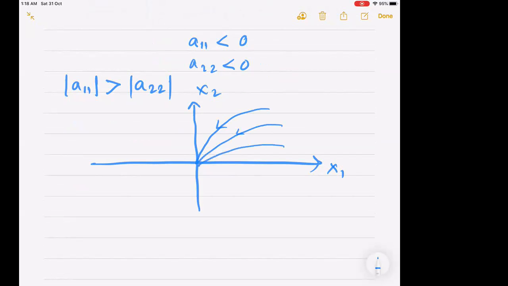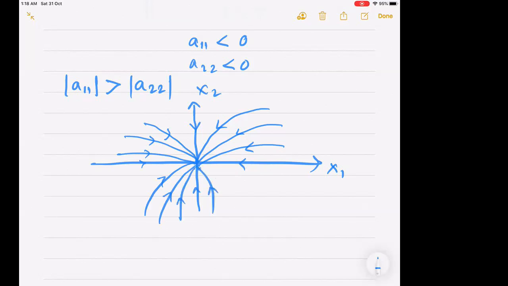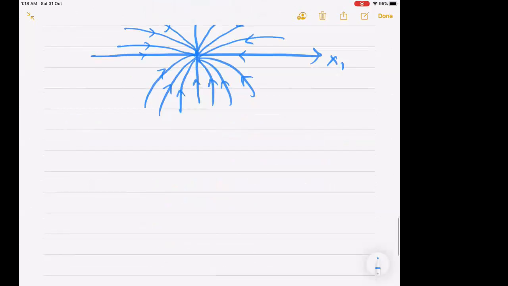Such things are called phase portraits. Those who have done or are doing a nonlinear dynamical systems course, E613, would know that such a thing is called a stable node. It was easy because the equations were decoupled.